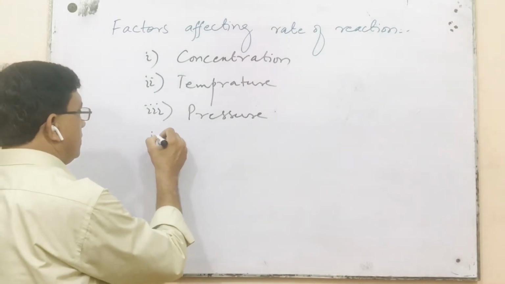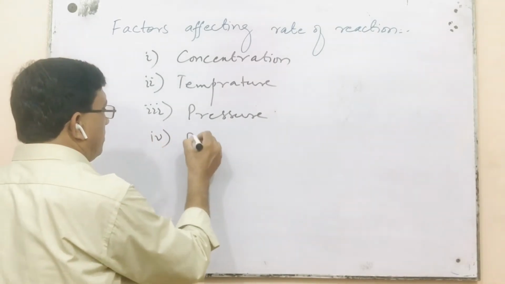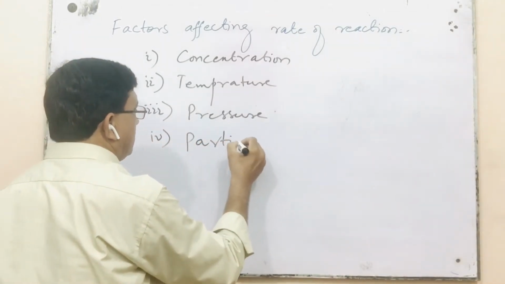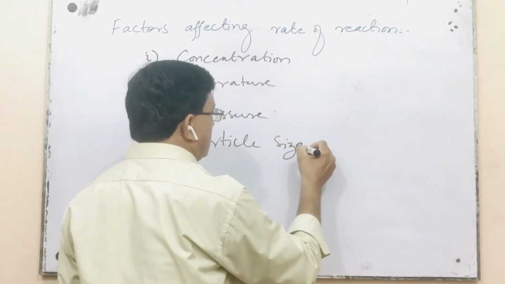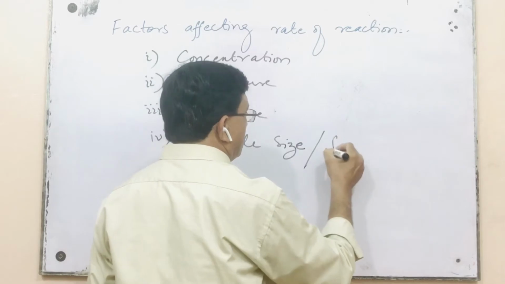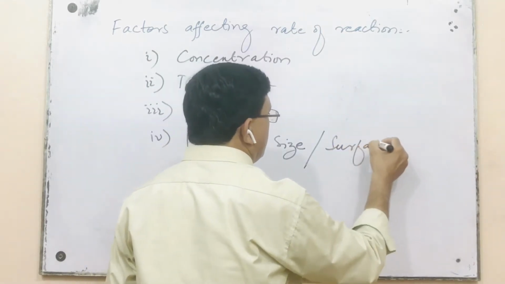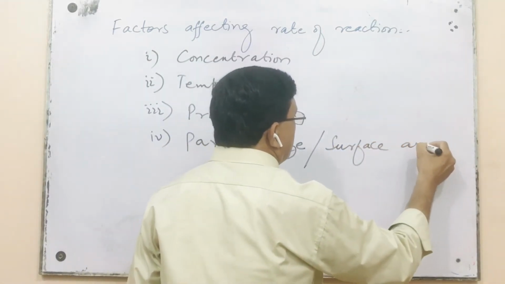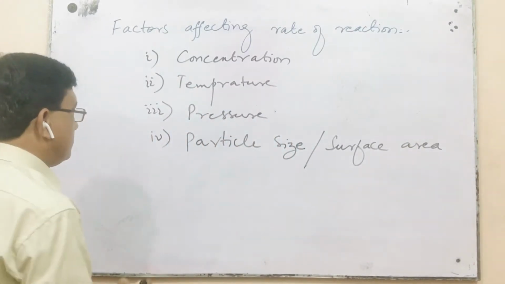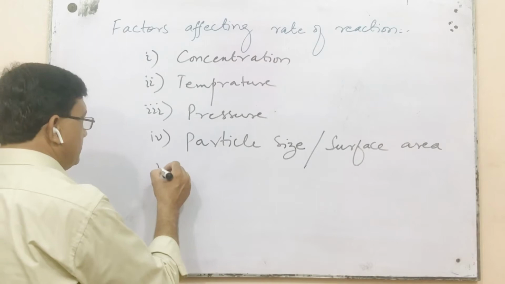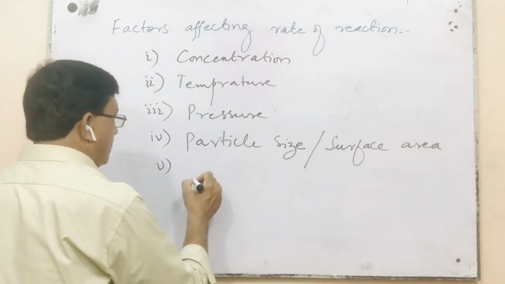Fourth is particle size or surface area of the particle. And the fifth one is catalyst.